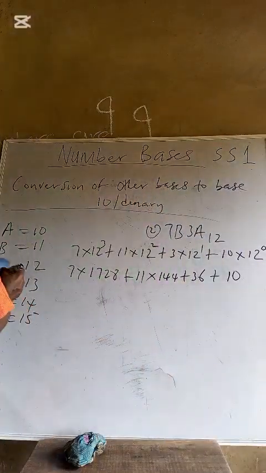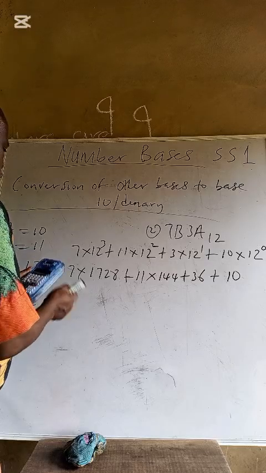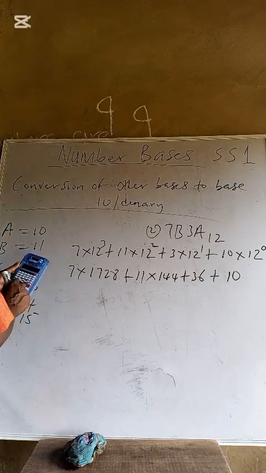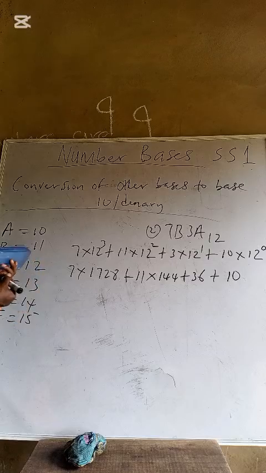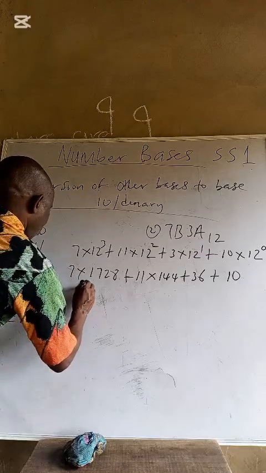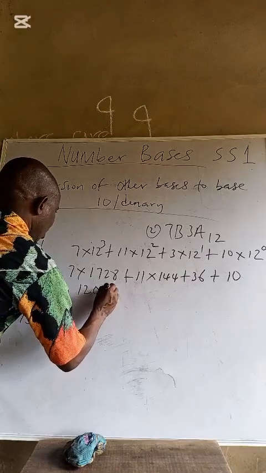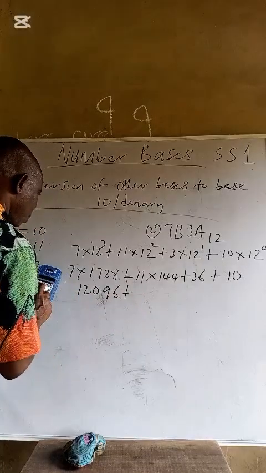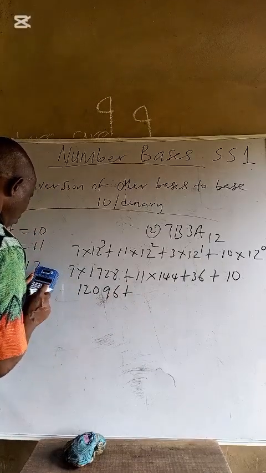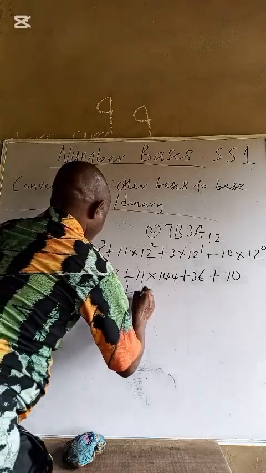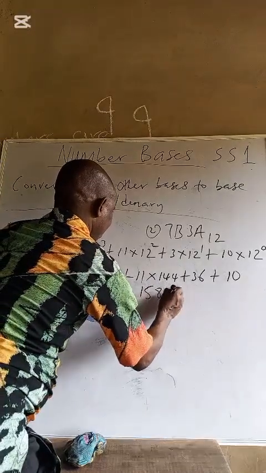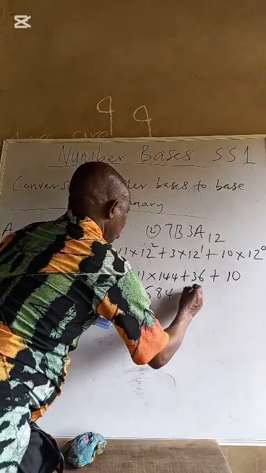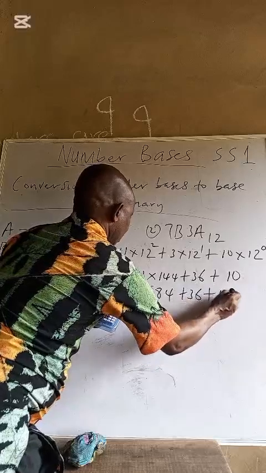So then you use your calculator. This times 7, you have 12,096, plus 11 multiplied by 144, we have 1584, plus 36, plus 10.